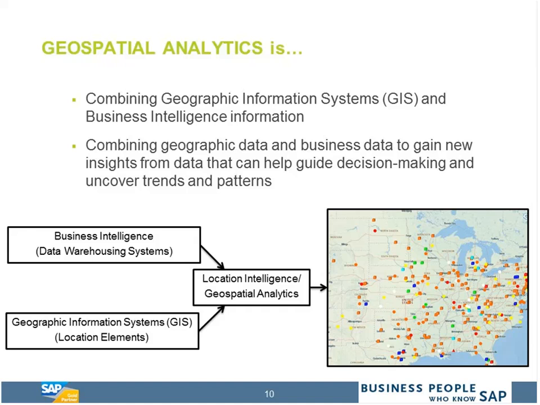So we may ask ourselves, isn't geospatial analytics the same as GIS? Actually, it's not. Because of the integration of business intelligence into GIS, it is now possible to visualize dynamic data on the map.